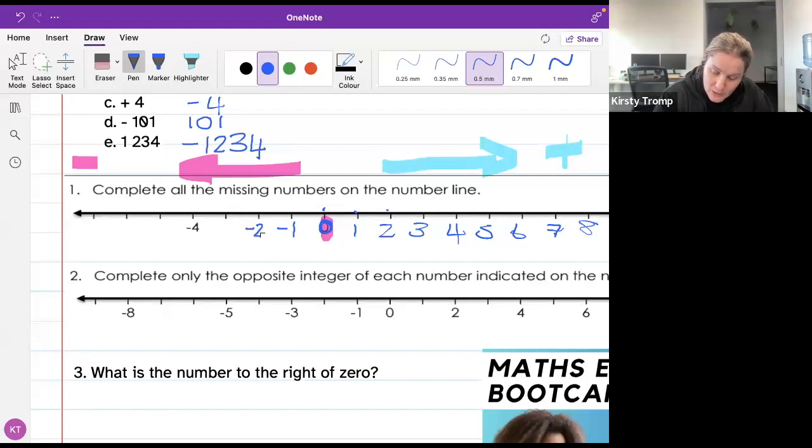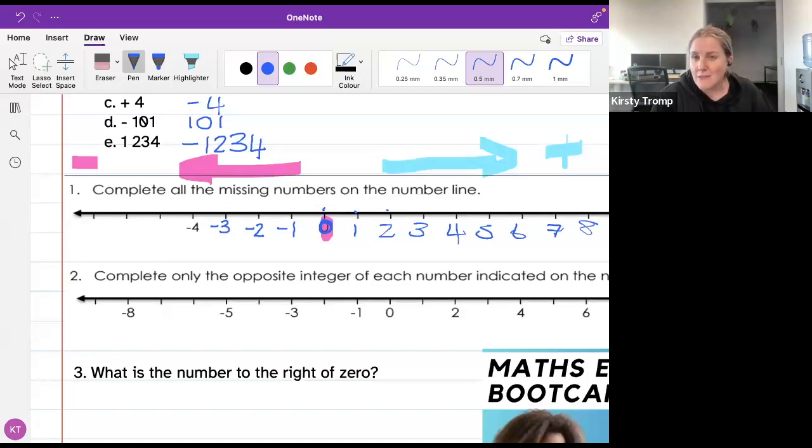Okay. If we go again and we check the right side, I had 0, 1, 2, 3. So that was on the right side. Let's check the left side. 0, negative 1, which is the opposite of 1, negative 2, which is the opposite of 2. So what's my next number going to be? It's going to be the opposite of 3. And the opposite of 3 is negative 3.